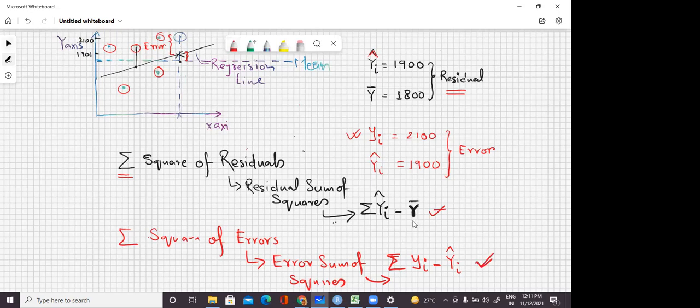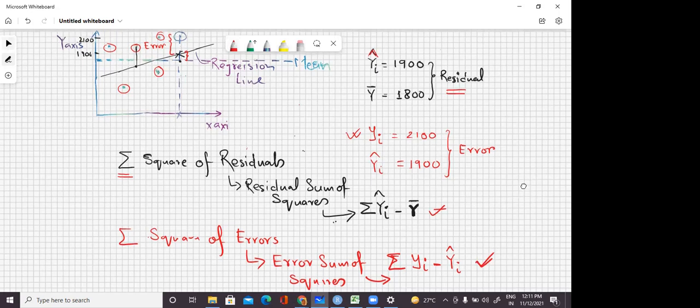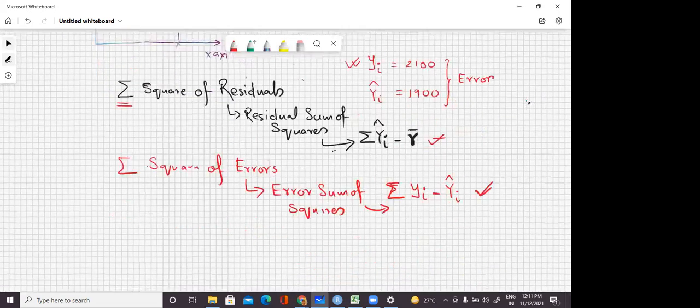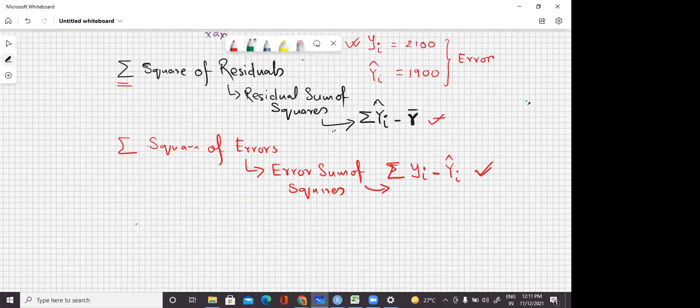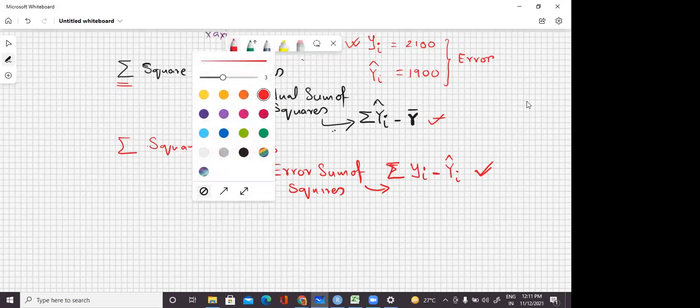Now, logically, if we add these two, the term we get we call the total sum of squares.